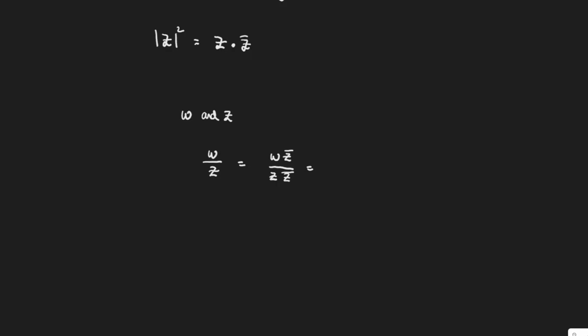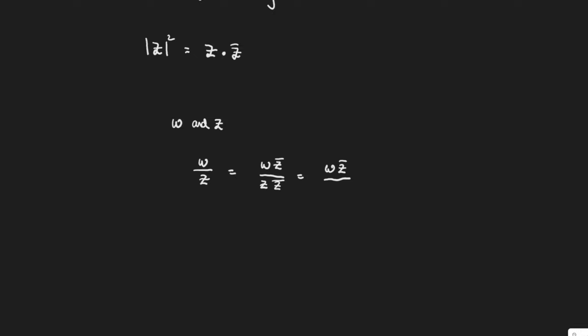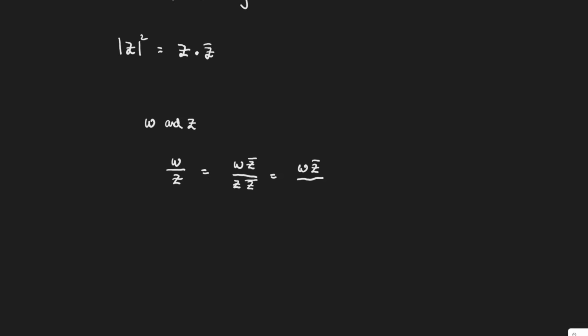Okay, well, what do we actually have? What does this also equal? Well, we have one complex number multiplied by our complex conjugate over, and we know that a complex number times its complex conjugate is equal to this value squared.